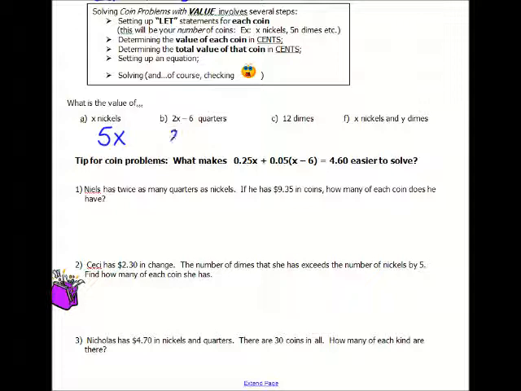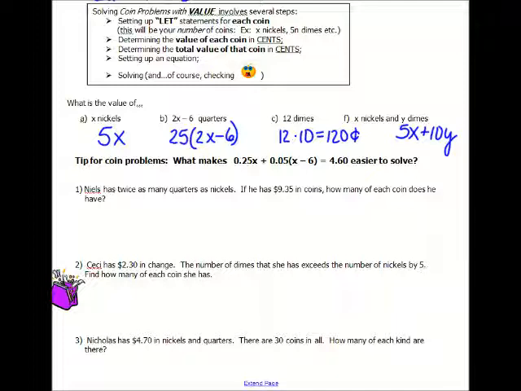Well, it's going to be 25 cents times the total number of quarters. 12 dimes would be 12 times 10, which is 120 cents. X nickels and Y dimes, think about an expression for that, and I would have 5X plus 10Y. Good?